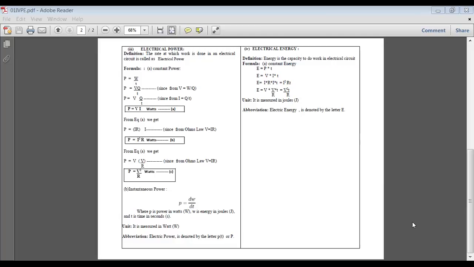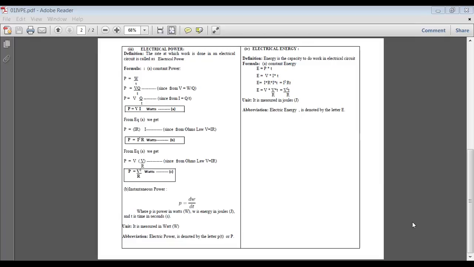Power is equal to work by time. Power is equal to voltage into charge by time. Since from V is equal to work by charge, we can apply this formula in P is equal to work by time, so that we get P is equal to VQ by T. Now I want to convert into voltage and current.